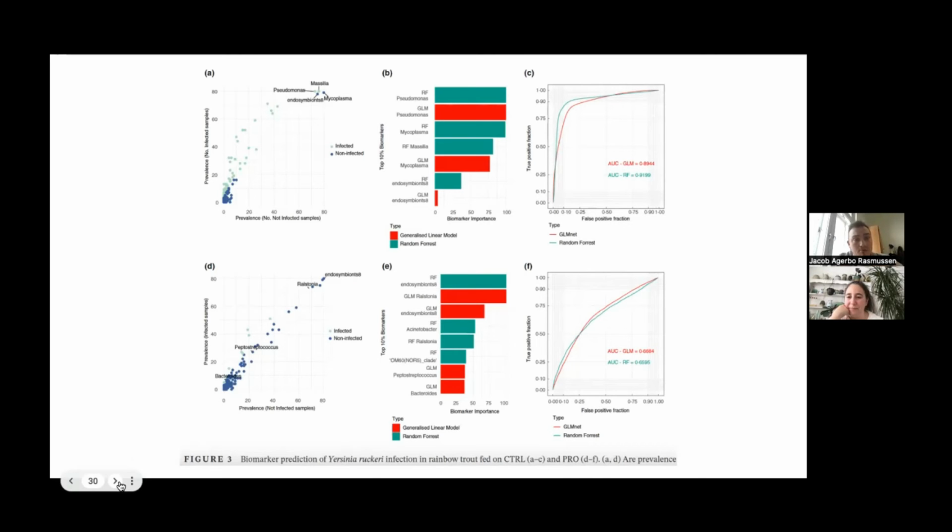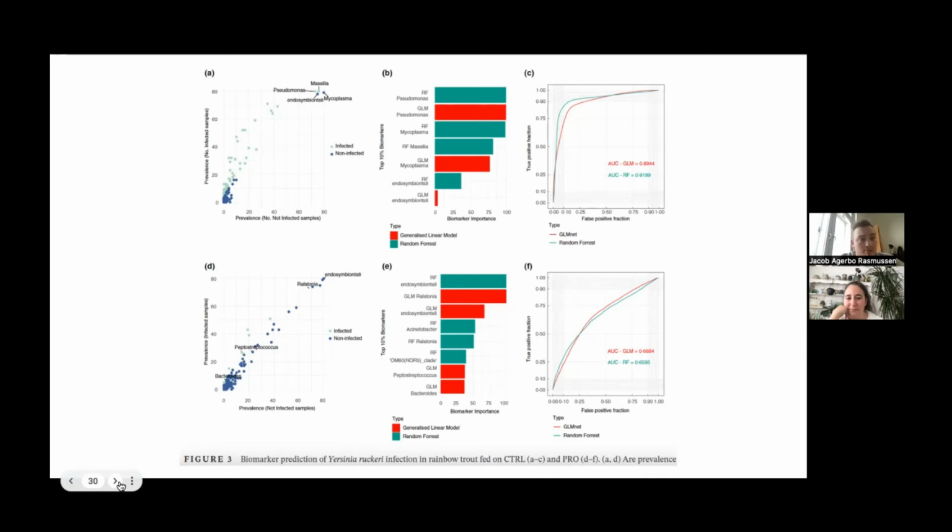Here we saw that the presence of Pseudomonas, as an example, suddenly came in when fish were infected. It was what we call prevalent in infected fish. So it was mostly in infected fish, and it was also classified as a biomarker for infection.